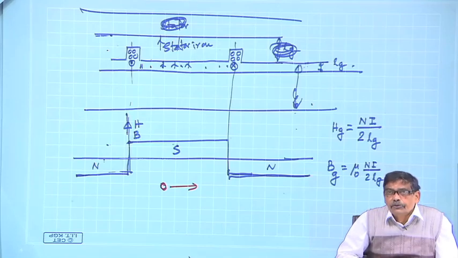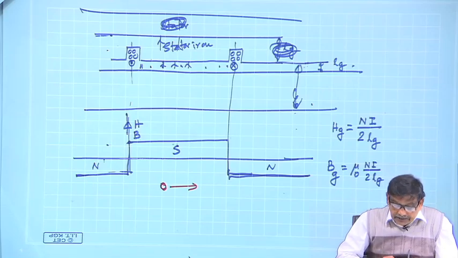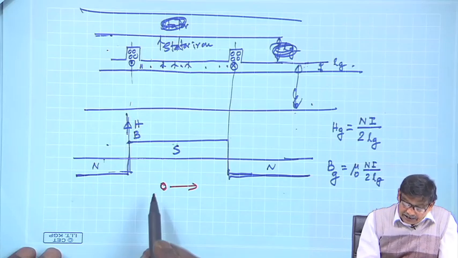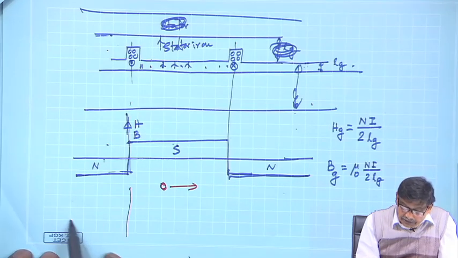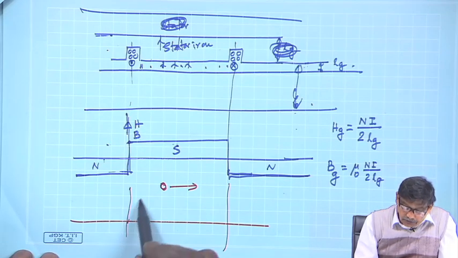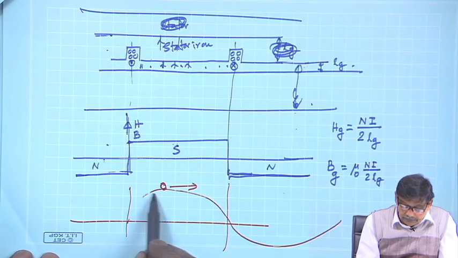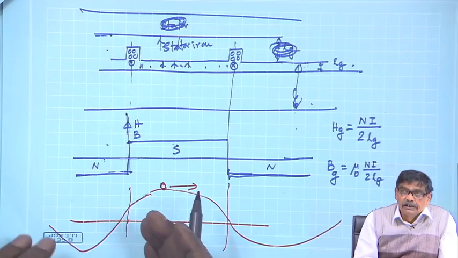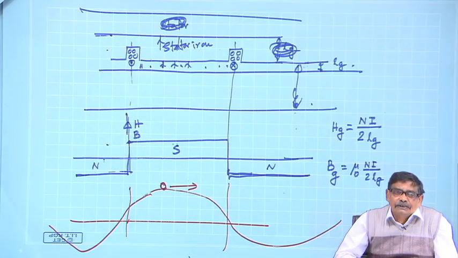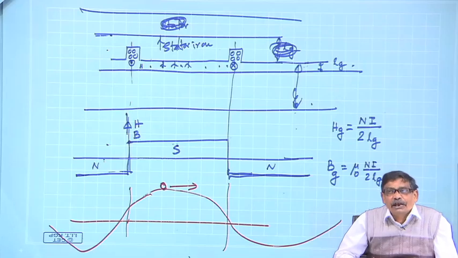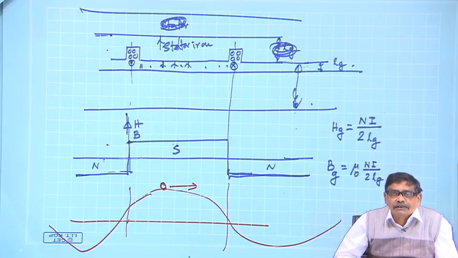The answer to this question I can give, you also can give. You will say that to generate sinusoidal voltage in this conductor, your B distribution must be sinusoidal, then only BLV, with LV constant. If B is sinusoidally distributed, then you will be ensured of sinusoidal induced voltage.